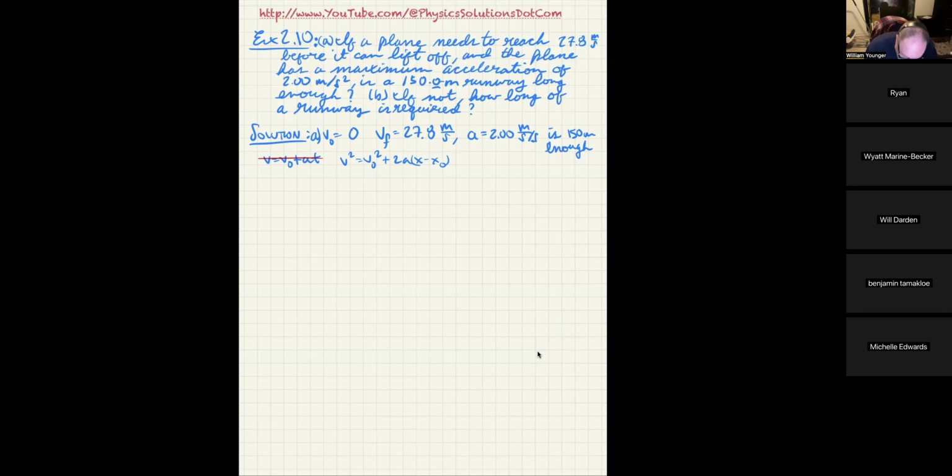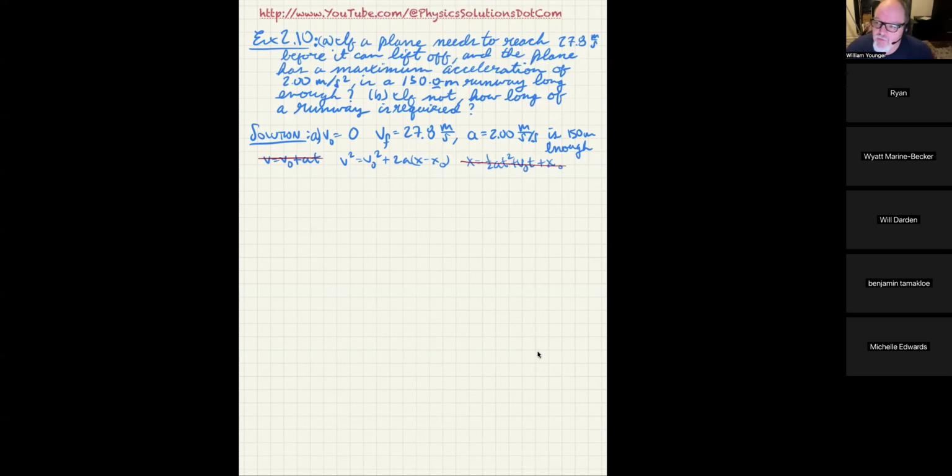There's another kinematic equation, x is equal to 1 half at squared plus v0t plus x0. But again, that one needs a time, so that's not very helpful. So what I'm thinking is we're going to use the v squared equals v0 squared plus 2ax. Now, there's a couple ways you could solve it.